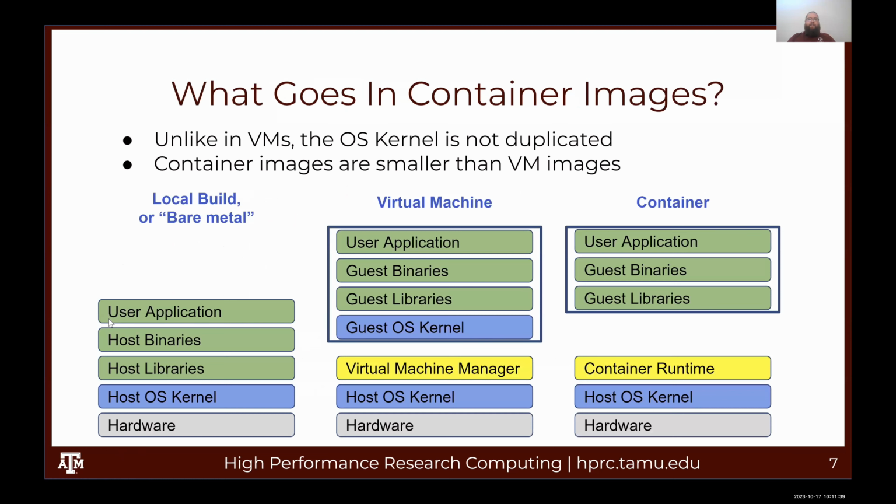What goes in container images? A similar concept to containers is the virtual machine. A virtual machine is when you put everything that would normally be on a disk, including the operating system, into the image. So when you launch a virtual machine process, you have to have a guest operating system kernel running, which means that you have to give that operating system some resources to be in control of, which means you have a virtual machine manager that is emulating hardware for the guest operating system to be in control of.